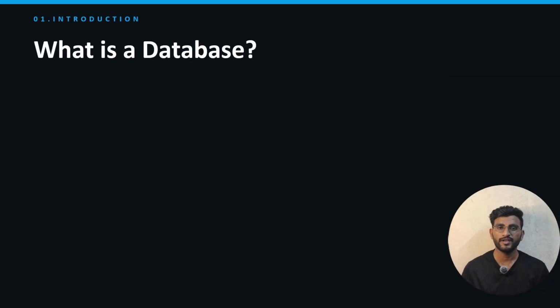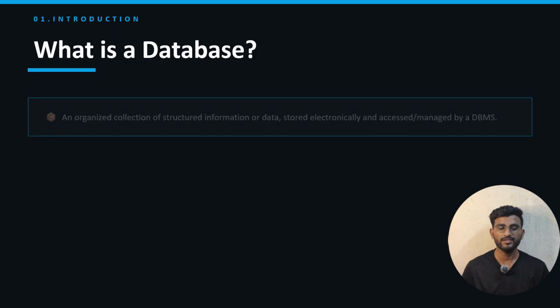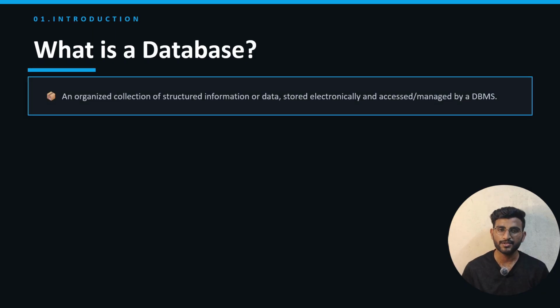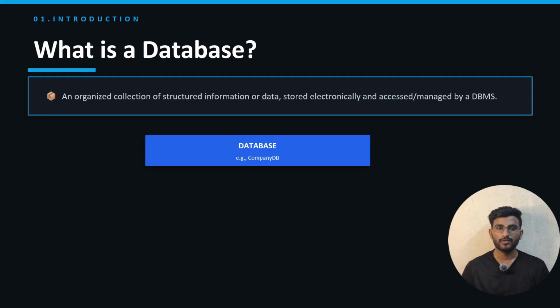Now, let's look into what is a database. By definition, it's a collection of structured information or data stored electronically and accessed or managed by a database management system, shortly DBMS. So a database is nothing but, assume it as a container which stores the data. The structure of this database is, first there will be a server. The server will have databases.